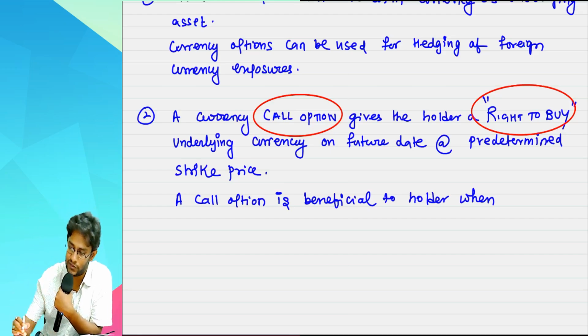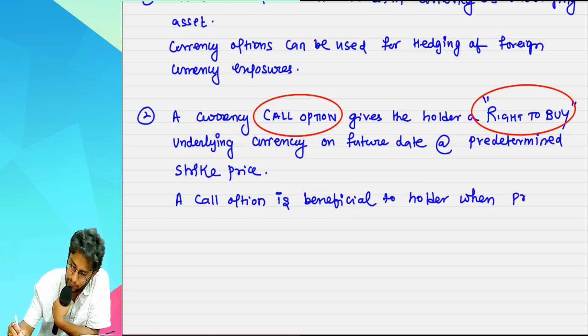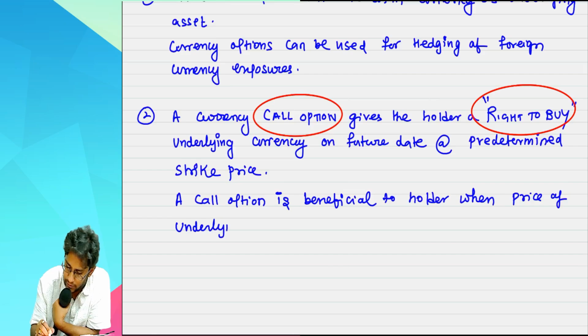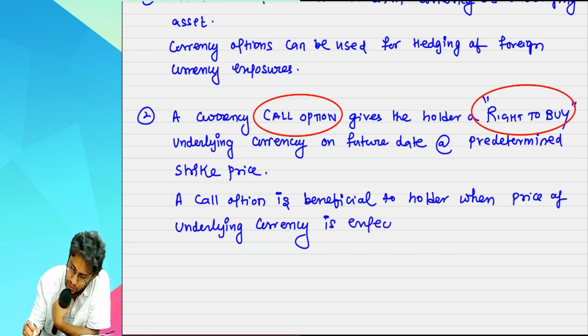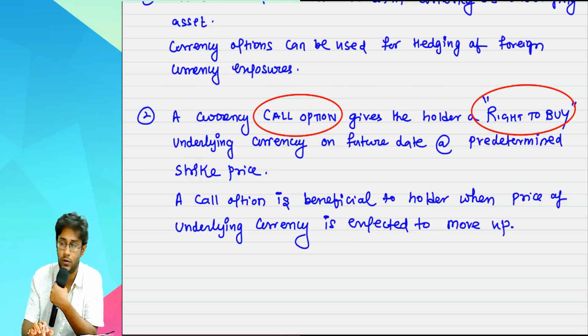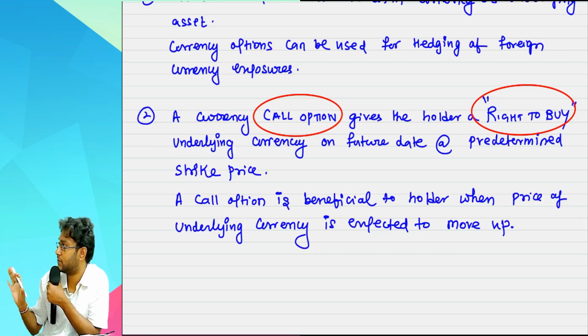So the call option is beneficial to the holder when the price of the underlying, since it's currency now I'm calling it currency, is expected to move up. So in a rising market you should become a holder of a call option. That is the whole summary of this second point.